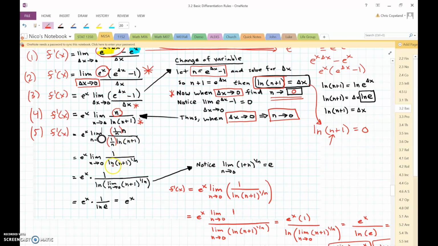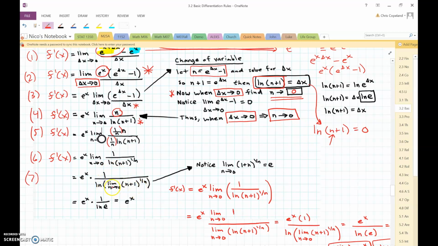Here I can use the power rule for exponents and write this 1 over n as an exponent. Okay, step 7. Now what I did was factor out this 1 over the natural log of all of this.